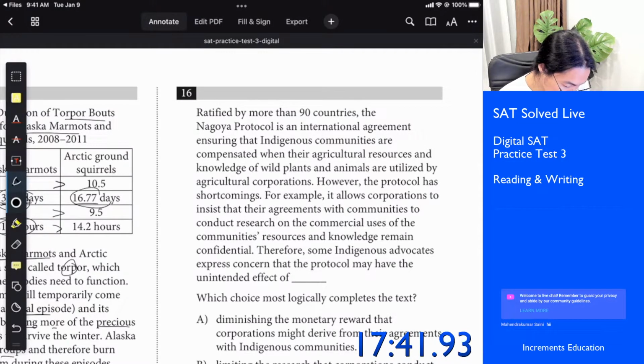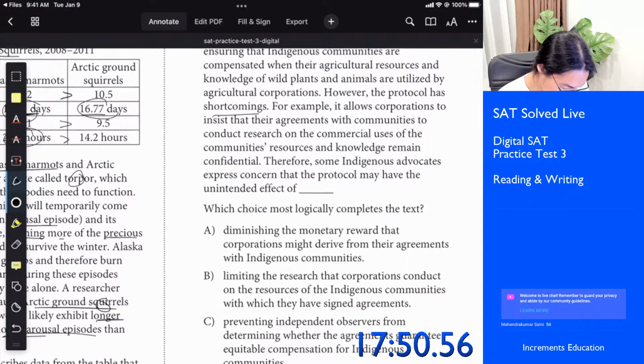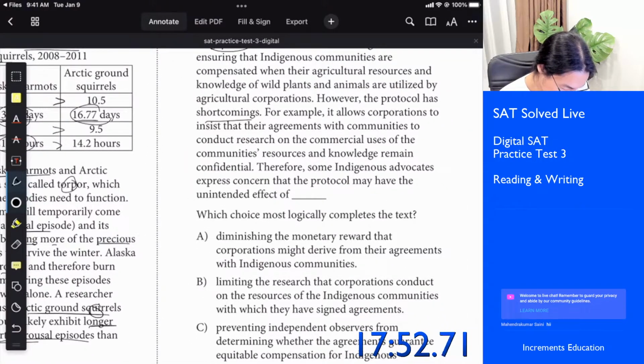Ratified by the Nagoya Protocol is an international agreement, and the indigenous community is compensated when there's shortcomings. It allows corporations to insist that their agreements, conduct research on the commercial uses, and the knowledge remain confidential.